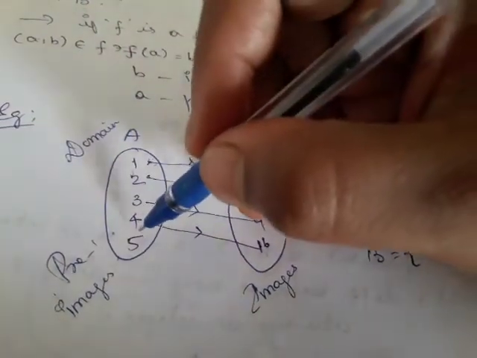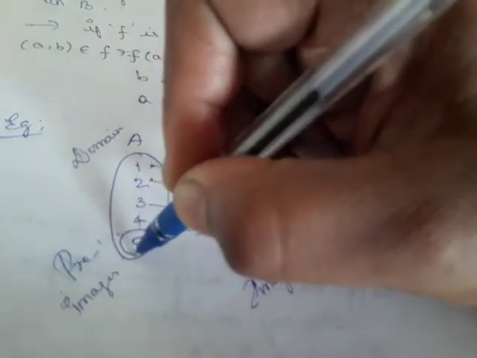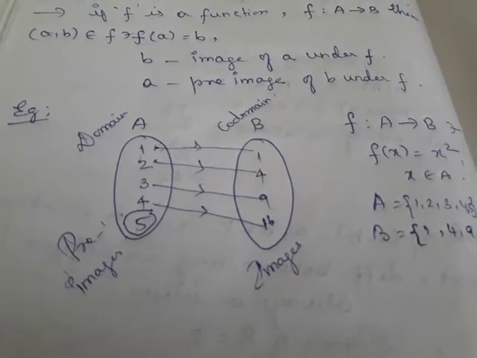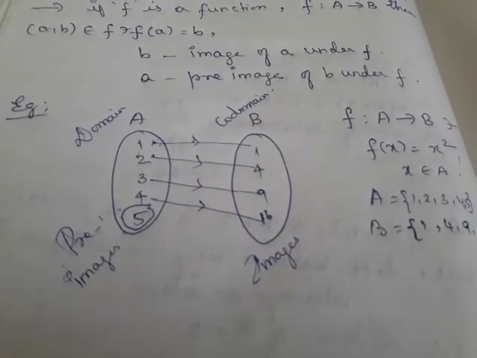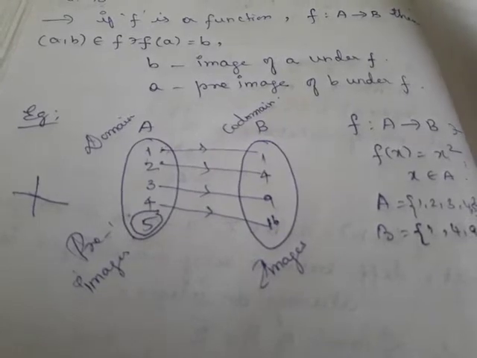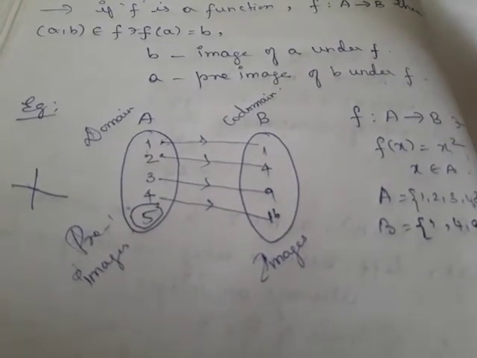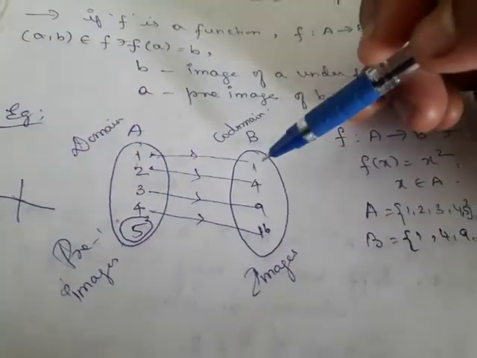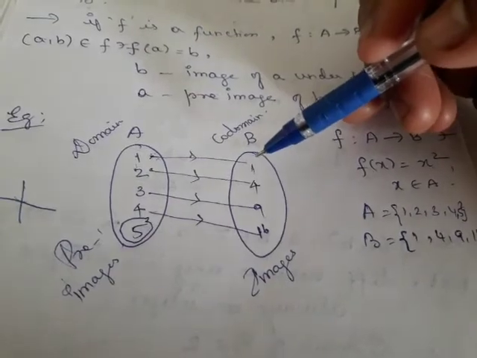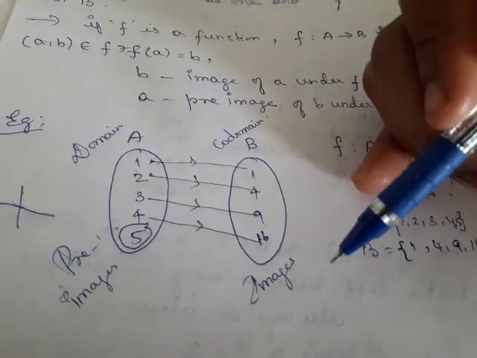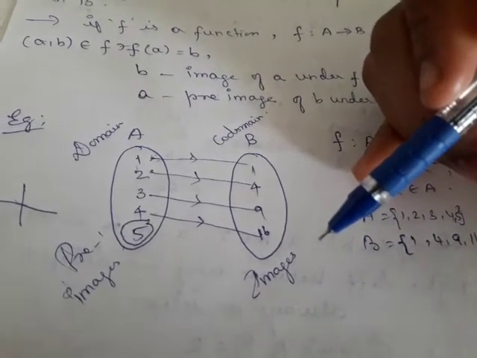But there is another issue over here: there is another element, 5, which does not have any image in B. Then in this case also this is not a function. So the definition of a function says every element in set A should have a single image in set B. Even if an element is left out without any image, the relation is not a function.